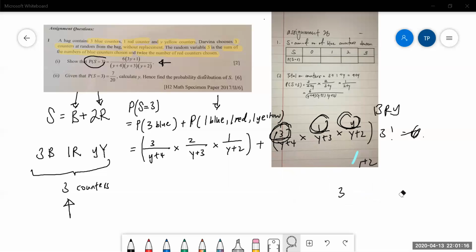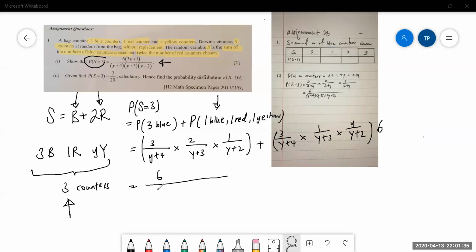So basically, we need to times 3 factorial, which is times 6. Times 6 over here. So from here, we will have 6 over y plus 4, y plus 3, y plus 2, plus 6 times 3y over the same thing.